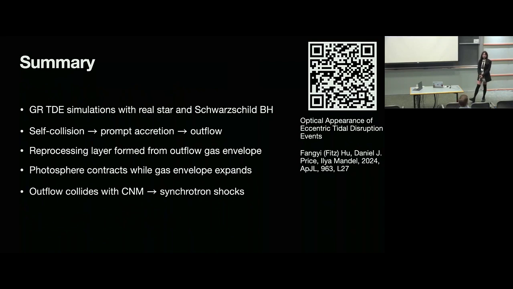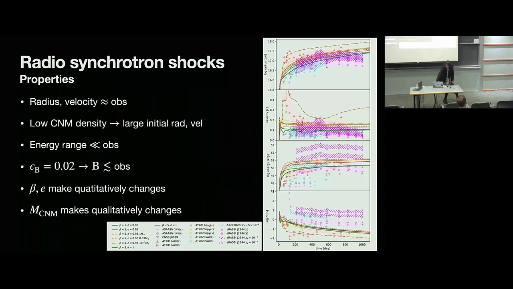Any questions? So I actually had a question. In your third to last slide, the one where you're showing all the properties as functions of, yeah, the e of 0.95 disruptions, the star in that case is actually fairly tightly bound to the black hole on its original orbit. Yeah, it is.